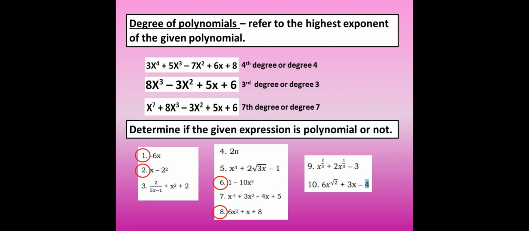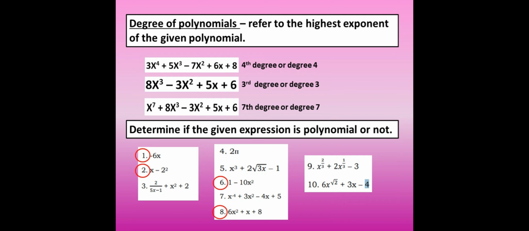On number 7, it is not a polynomial because of the negative exponent of x. X to the negative 4 is not a polynomial. Number 9 is also not a polynomial because of the rational exponent. If the expression has a rational exponent after simplifying to lowest terms, it is not a polynomial.